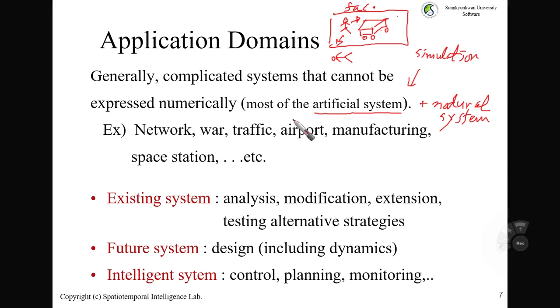For example, what are the artificial systems like network, computer network, or it can also be human network. And the world system. In fact, world simulation is one of the popular areas for applying the simulation technology.